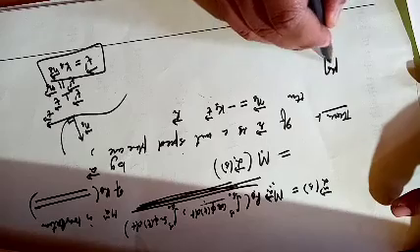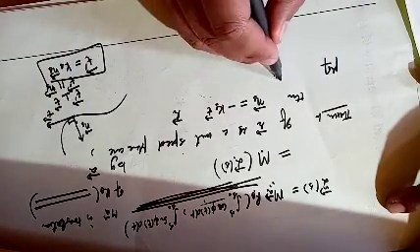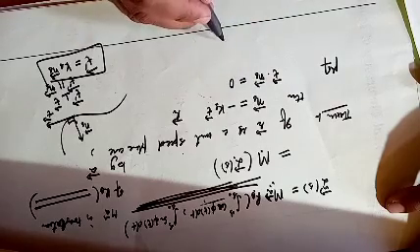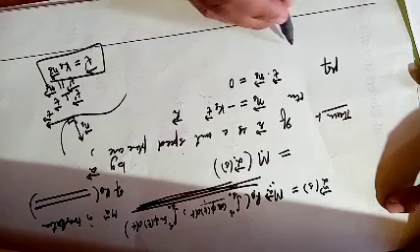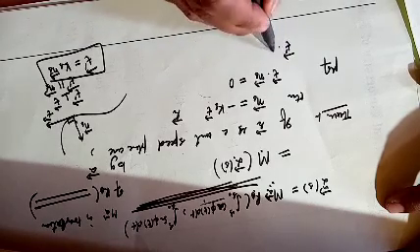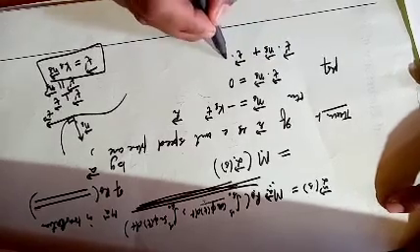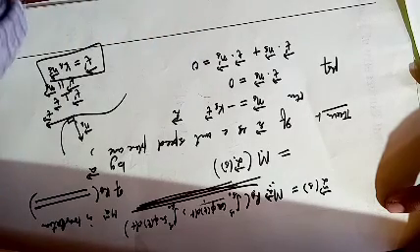Now the proof of this theorem: we know that t is perpendicular to n sub s, so t dot n sub s should be equal to 0 because they are perpendicular vectors. If I differentiate both sides with respect to s, I should have t dash dot n sub s plus t dot n sub s dash equal to 0.